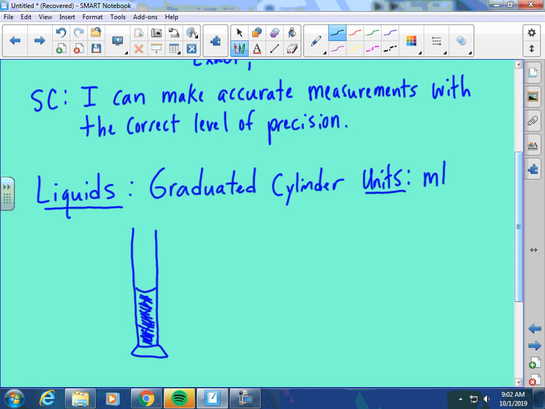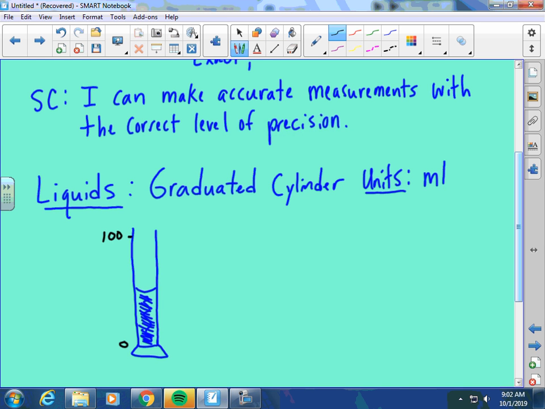The reason why we use graduated cylinders is because they have so many marks on the side of them. Now this particular graduated cylinder that I have, obviously down here we have a 0, and then up here there's a mark that says 100, and that's it. So that wouldn't be a very good graduated cylinder to use, because usually we like to have a lot of marks. But this is how precision works.